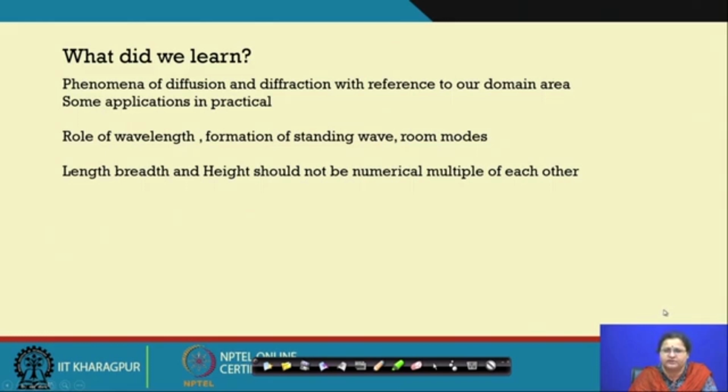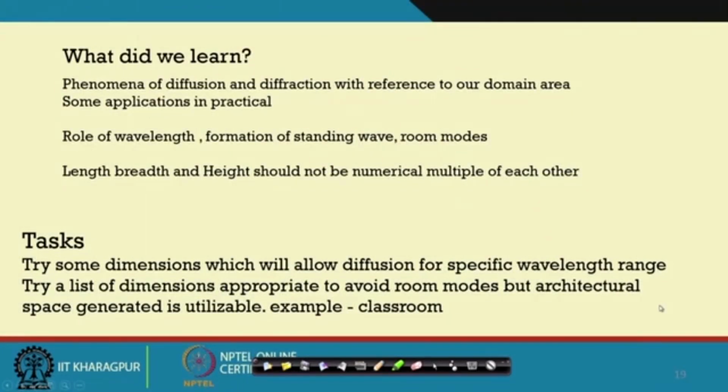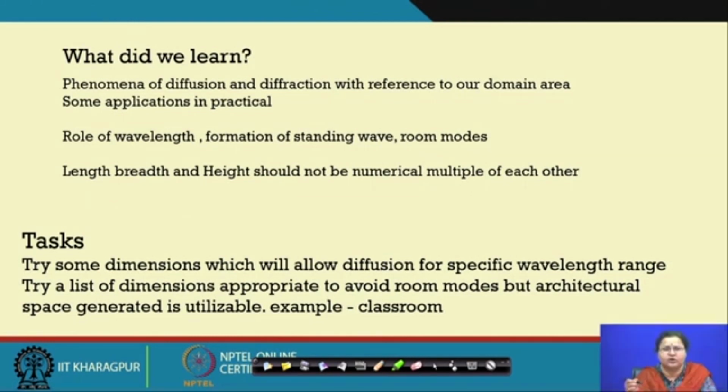You have also understood that reflector length, diffuser length and diffraction length are also of the order of their wavelengths, and you can also try out some dimensions which will allow diffusion for a specific wavelength range. You can try out a list of dimensions appropriate to avoid room modes, but the architectural spaces generated should be utilizable.